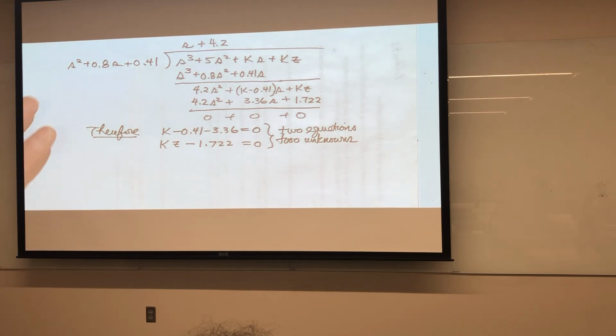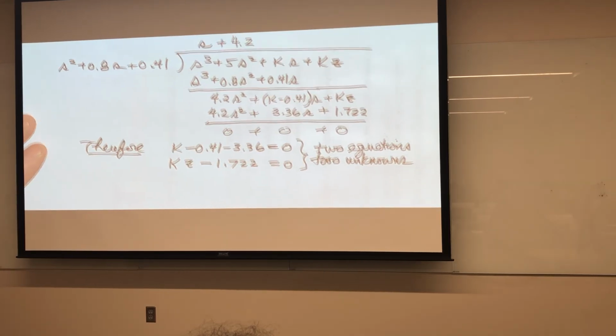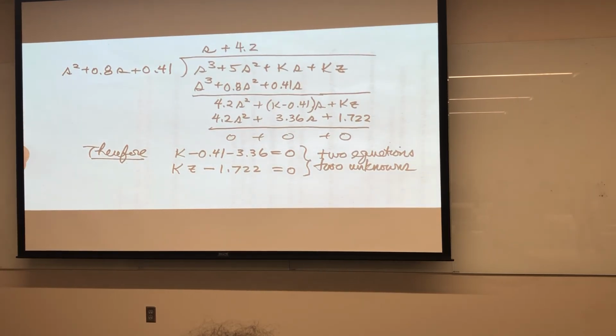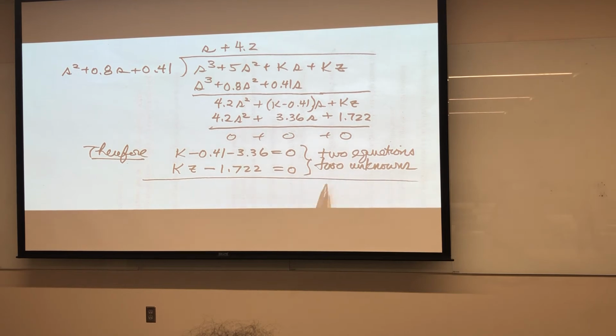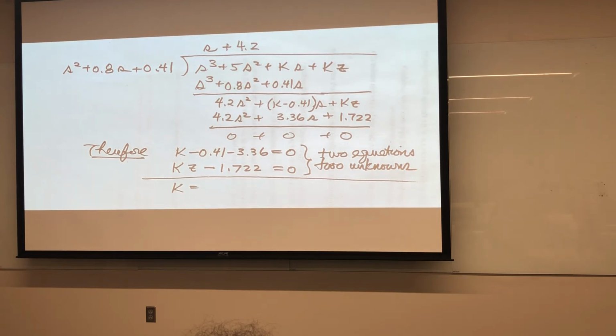And we now try to pull out our kindergarten skills and try to figure out what these are. Okay, so let's do a little bit of algebra. From the first equation, I get k is equal to 3.77. Is that right?